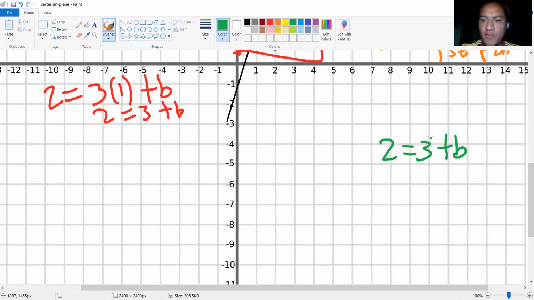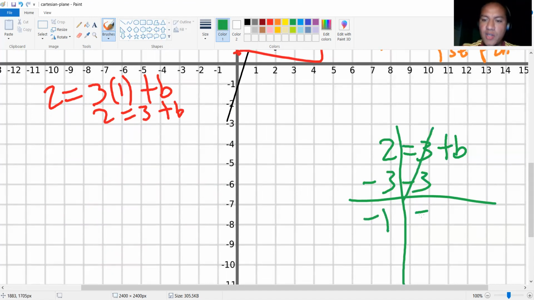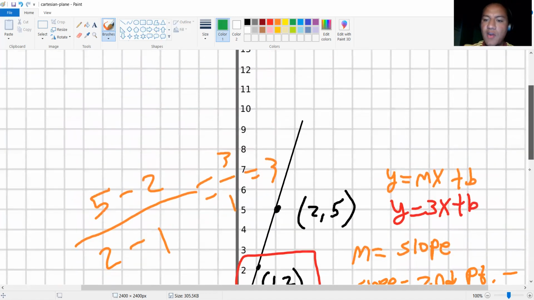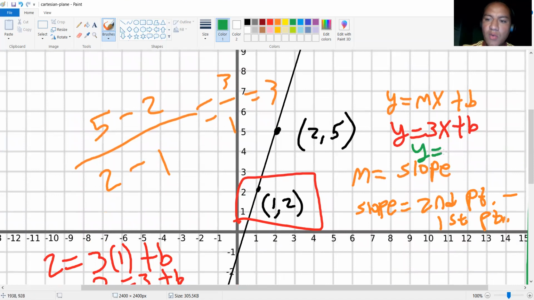And the way to do that is to cancel out the 3 by making its opposite appear. So 2 minus 3 is -1. These cancel out, and you get equals b. So b is -1. And so the answer is y equals 3x minus 1, just as I originally predicted.